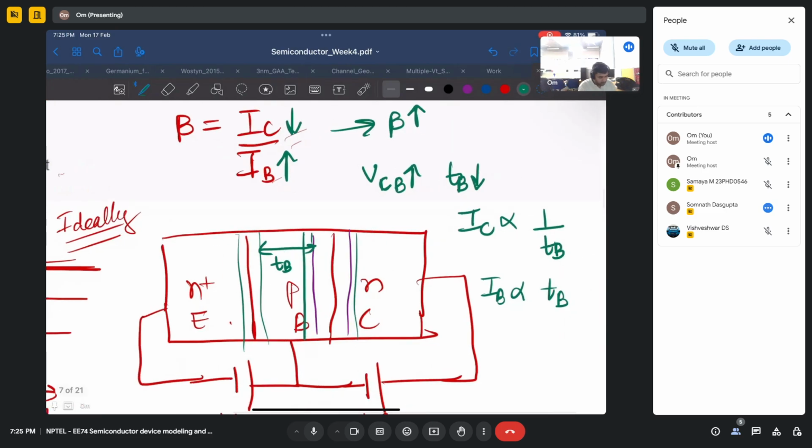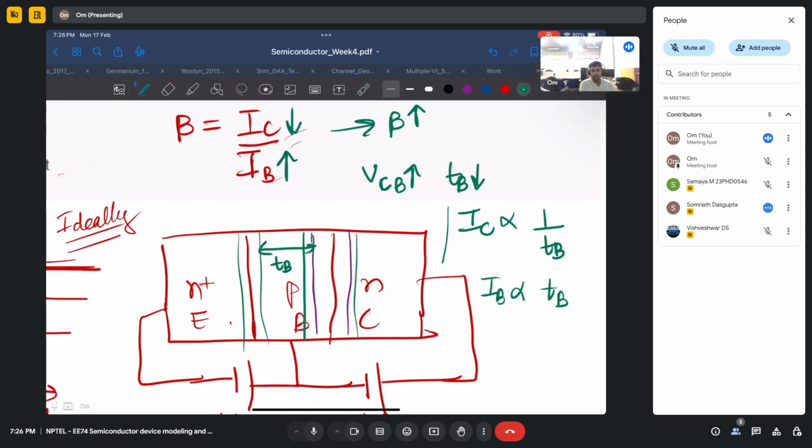Sir, what is this factor? Sir, the change of IC will be more compared to IB, na? Yeah, that's true. I don't know, actually, I need to check that.